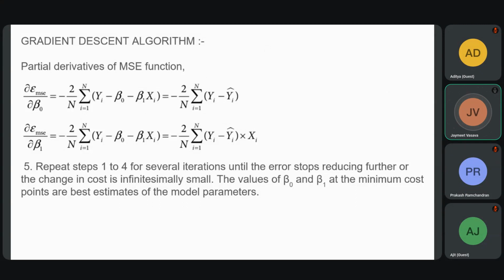The same for the partial derivative with respect to beta 1 is minus 2 by n, summation of i equals 1 till n, of yi minus yi hat into xi.